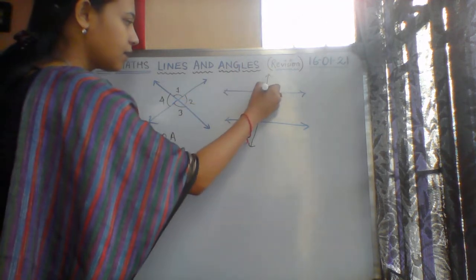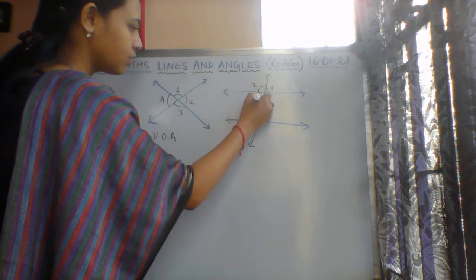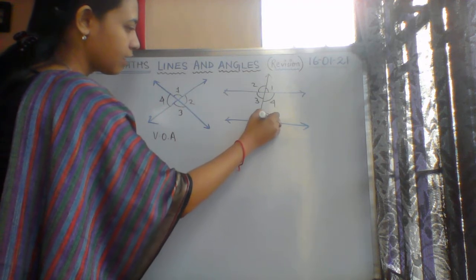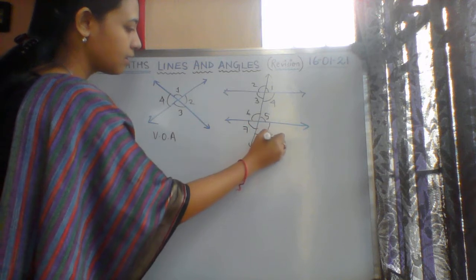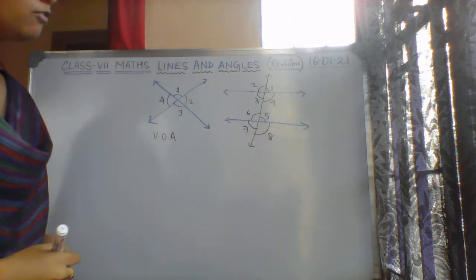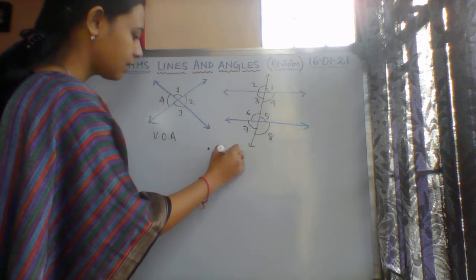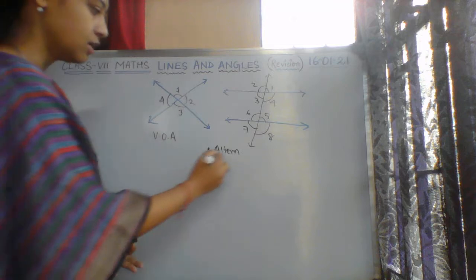So if we name the angles angle 1, angle 2, angle 3, angle 4, angle 5, angle 6, angle 7, angle 8, you have learned different terms such as alternate interior angles. Alternate means opposite to each other.